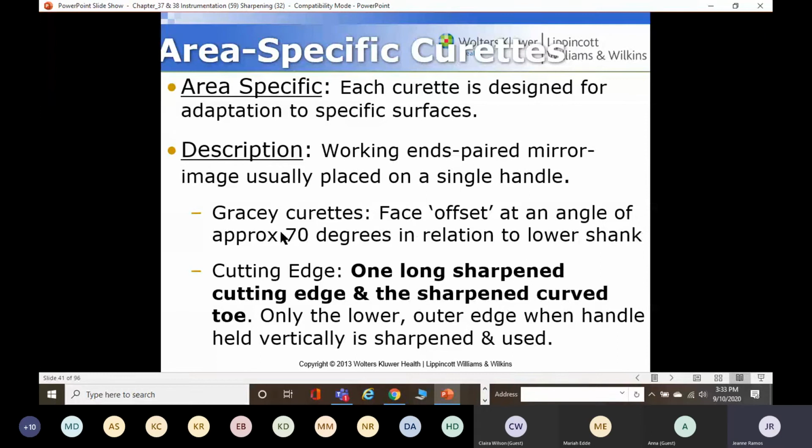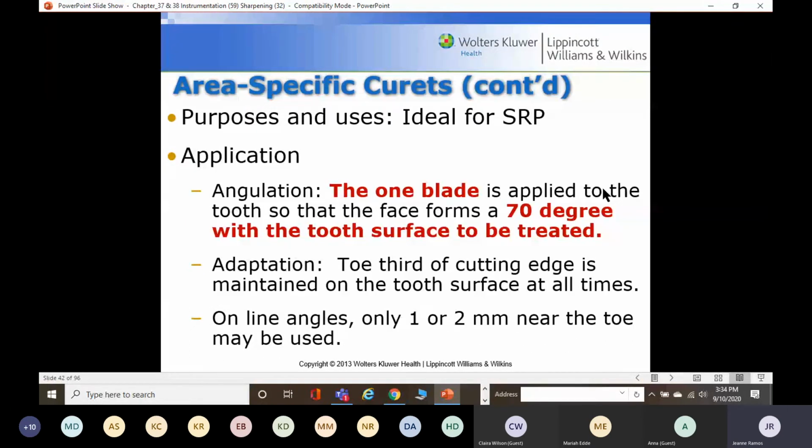The face is offset. One long sharpened cutting edge and the sharpened curved toe, and then it stops. So it's just one long edge instead of two long edges on the universal. Only the lower outer edge, when the handle is held vertically, is sharpened and used.